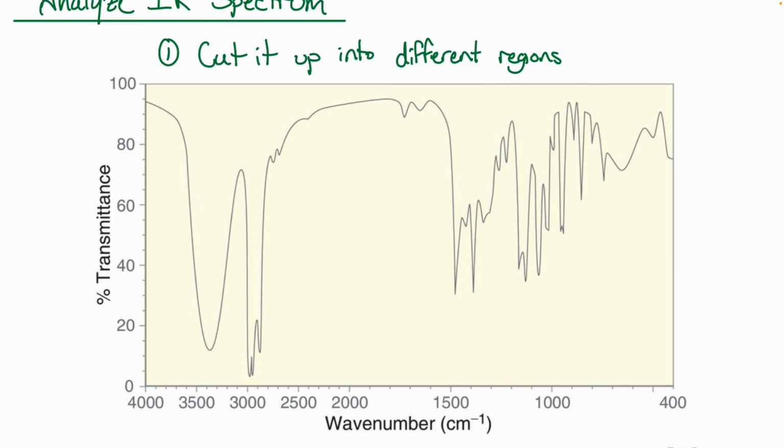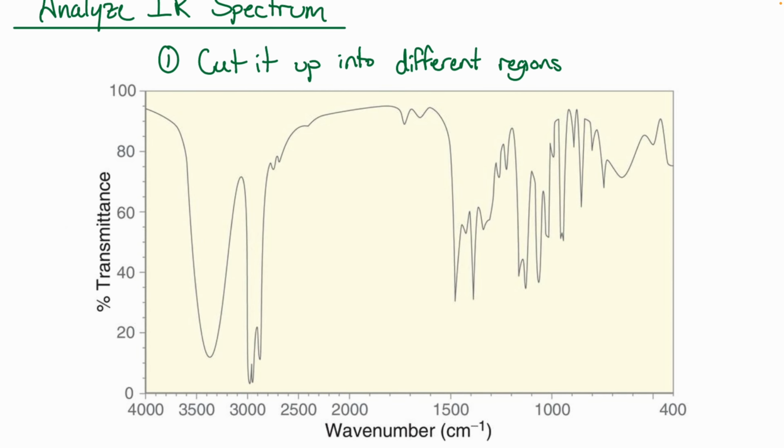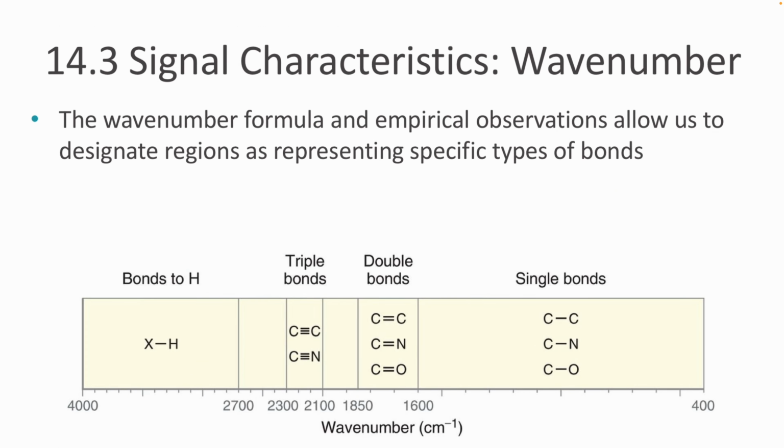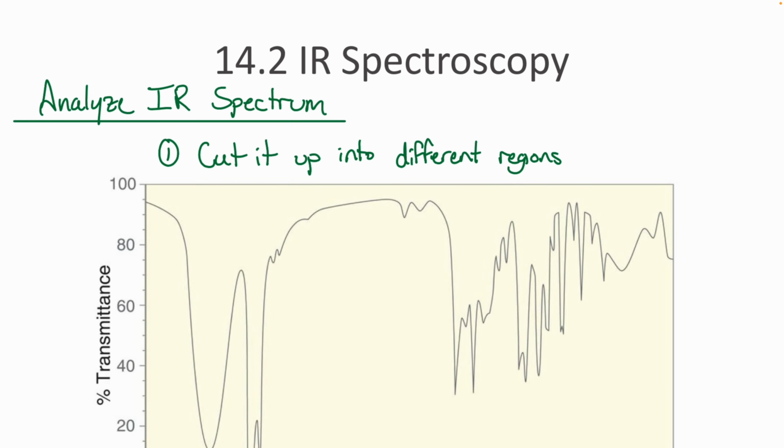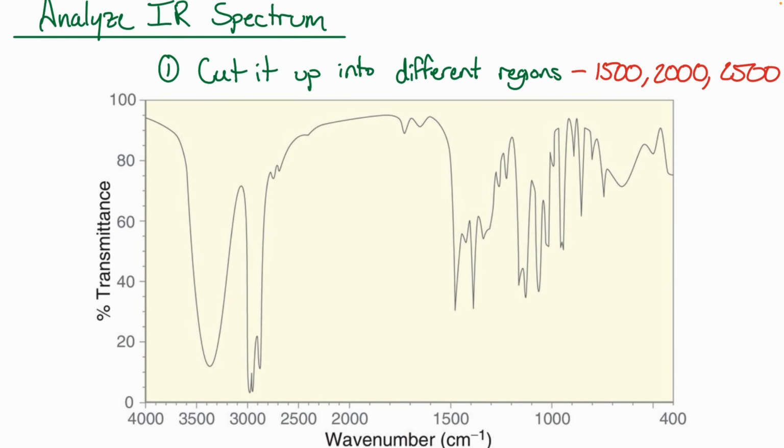I'm going to separate it out based on my single bonds, double bonds, triple bonds, and my something with hydrogen region. I'm going to be a little bit lazy in the numbers that I pick here because I like nice round numbers that I can remember a little bit easier. So when we cut this up, we're going to cut it up at 1,500, 2,000, and 2,500. Nice round numbers that we can remember.